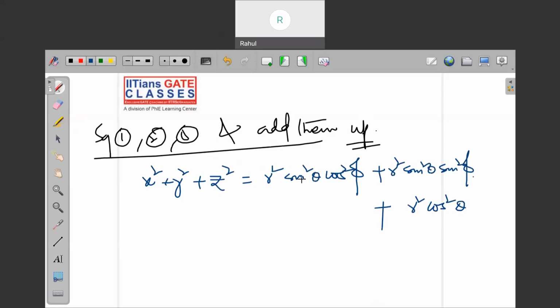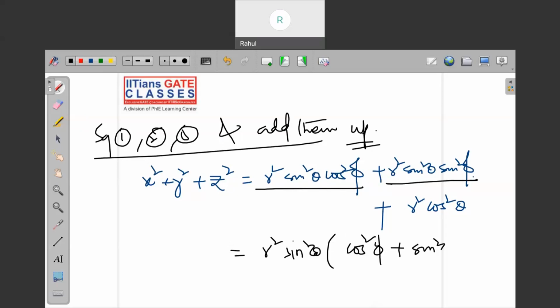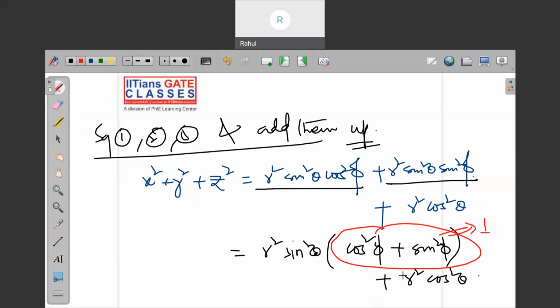Now you can see from this and this term, you can take common r square sine square theta, right? So it will be cos square phi plus sine square phi, plus r square cos square theta. So this is the identity which is going to give you 1.